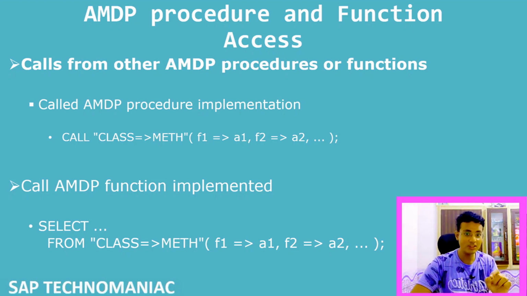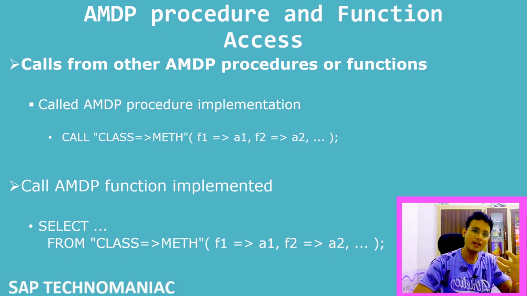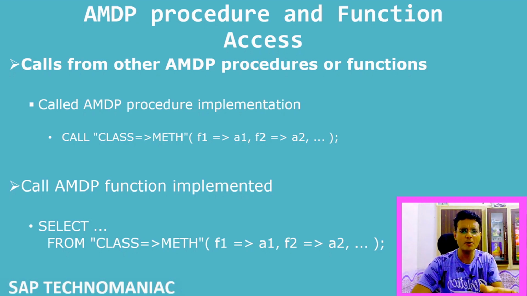You use the class name, then the arrow sign, and give the method name, and the importing and exporting parameters are normal. If you want to call the CDS table function at the read position, instead of the table name you give the class method of that AMDP function implementation, and you can call that also. That is the syntax of the SQL script language.